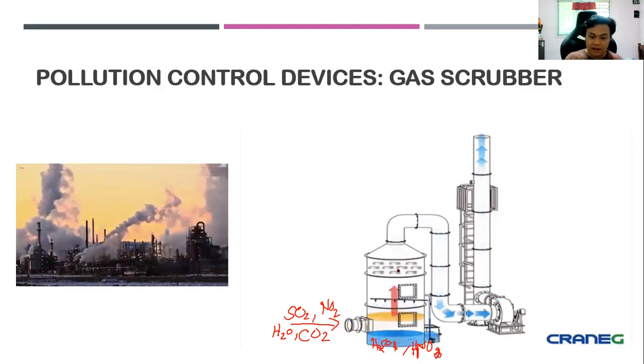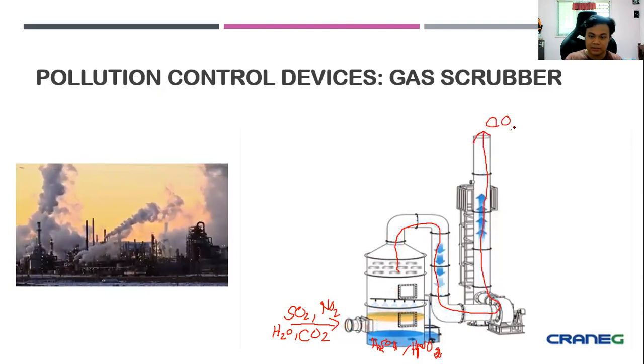And the carbon dioxide is free to go, so the exit here is just CO2. Okay? So we have removed the harmful compounds that make acid rain. That is what the industry does.